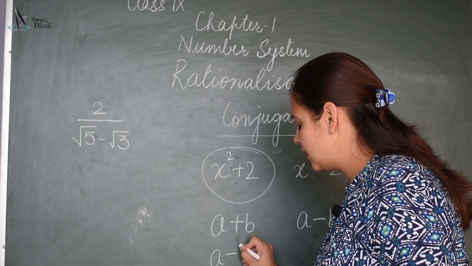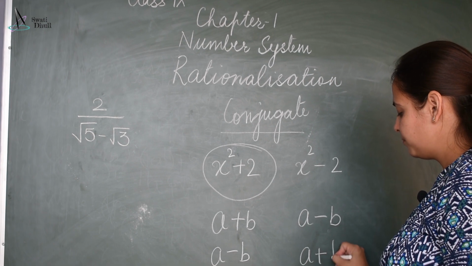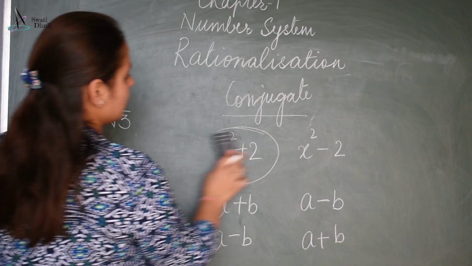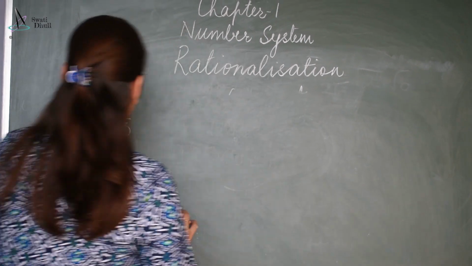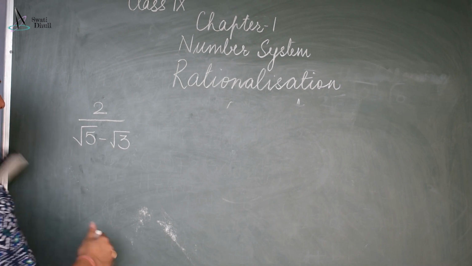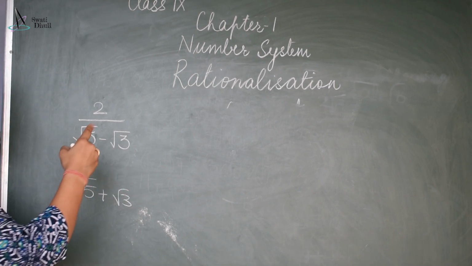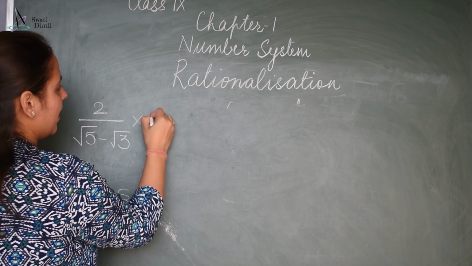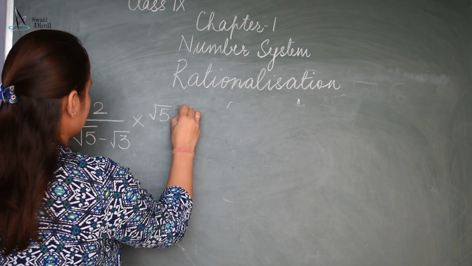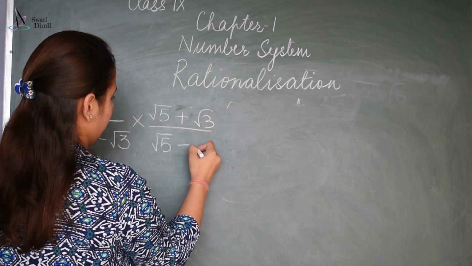Suppose I have a term a minus b, its conjugate is a plus b. Similarly, the conjugate of root 5 minus root 3 will be root 5 plus root 3. Now to rationalize it, we'll multiply in the numerator as well as in the denominator by its conjugate.